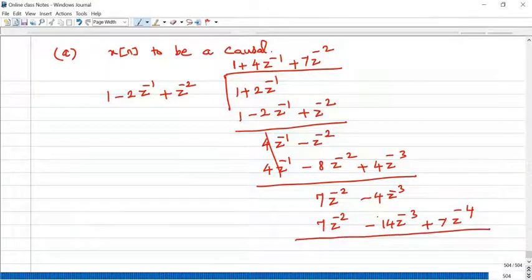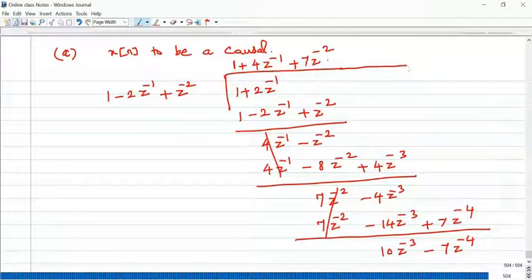Now do the subtraction. This term will be cancelled. So 10 z power minus 3 minus 7 z power minus 4. So repeat the same procedure for at least 5 to 6 values. Now 10 z power minus 3. So 1 multiplied with 10 z power minus 3.